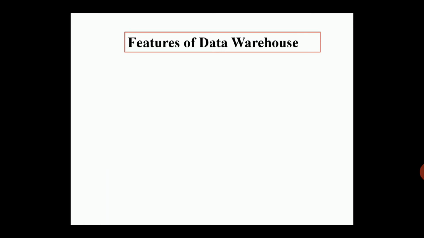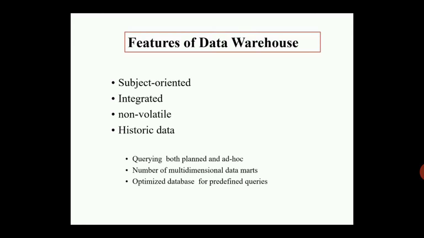Now focusing on the features of the data warehouse. There are very important features of data warehouse: subject oriented, integrated, and non-volatile. Along with these features, we also have the historic data.